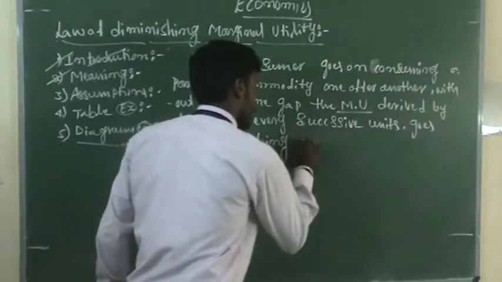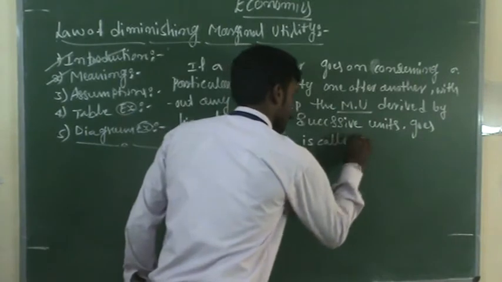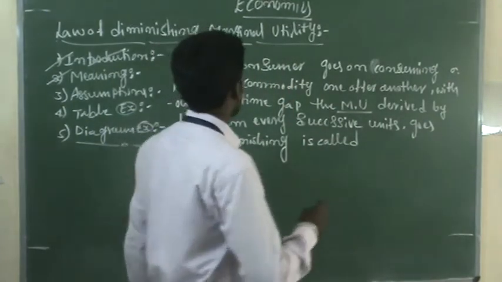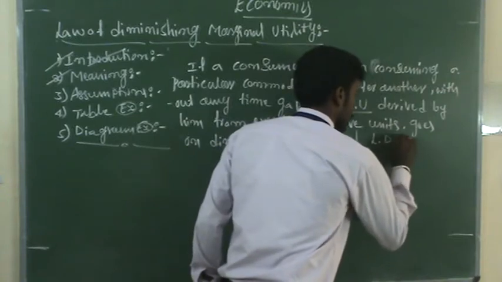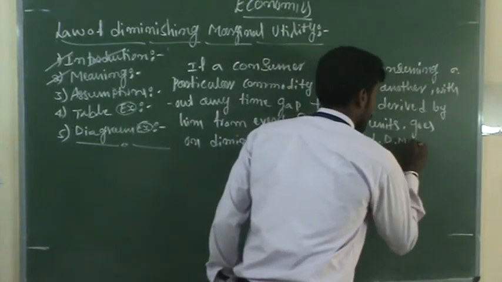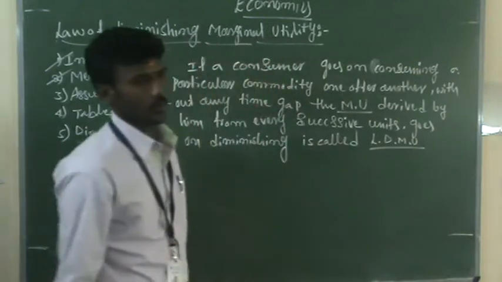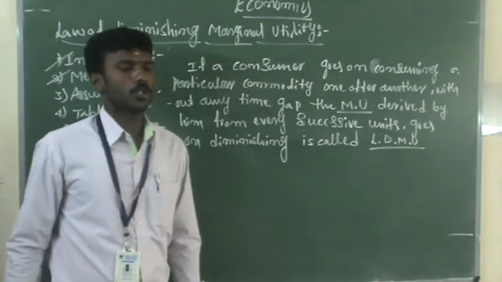This is called the law of diminishing marginal utility, LDMU.